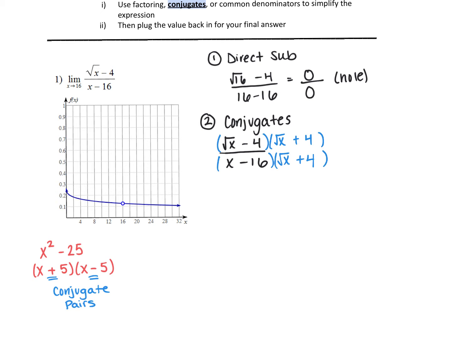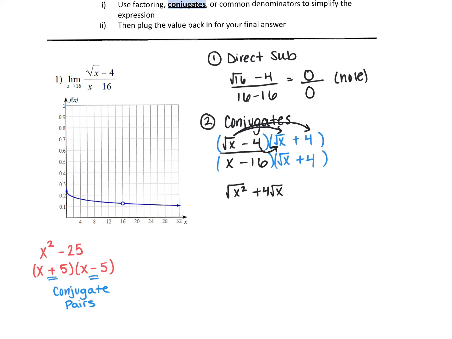So let's double distribute this out and simplify. So rad x times rad x. We know that a radical times a radical is x squared, goes on the inside, right? Inside times inside goes here. Rad x times 4 is just 4 radical x.